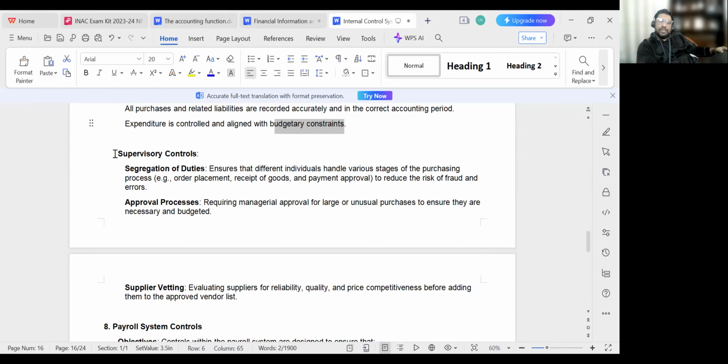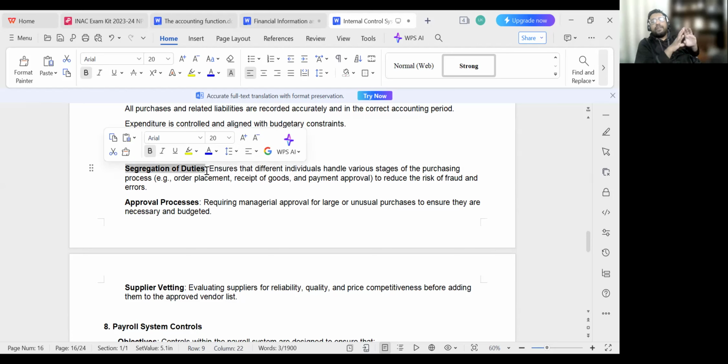Okay. How can we make the control system here? We can provide supervisory controls like segregation of duties. So we ensure that different individuals handle various stages. Like the person who is placing the order is different from the person who is receiving the goods, and that is different from the person who is approving the payments, right?